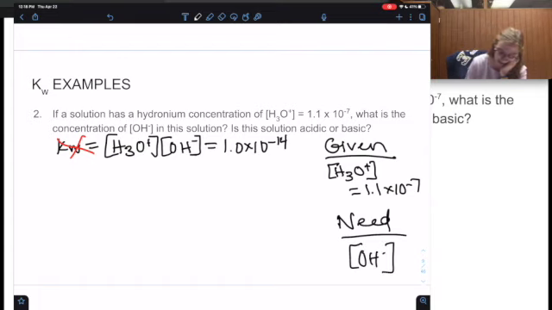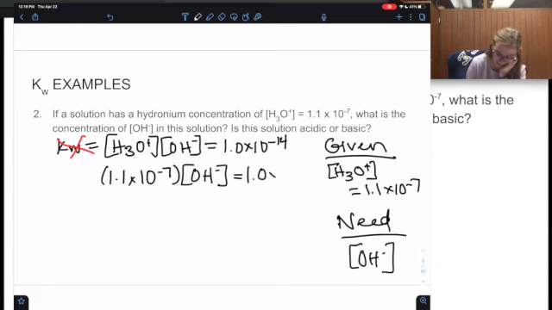So in this case, I'm going to plug my value in for H3O+. That's 1.1 × 10^-7 times the concentration of OH- that we're looking for, and that's going to equal 1.0 × 10^-14.